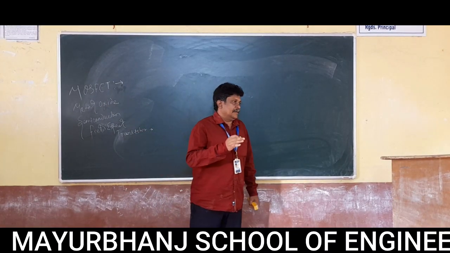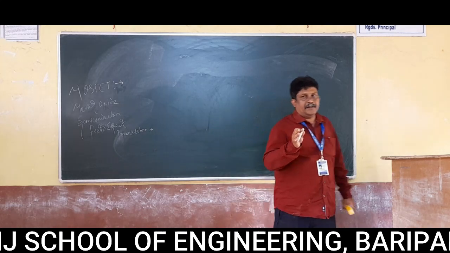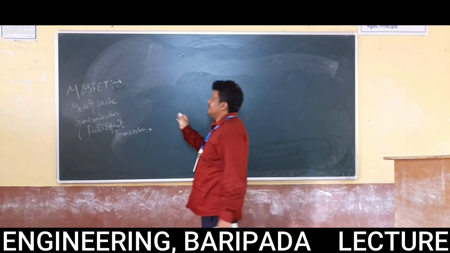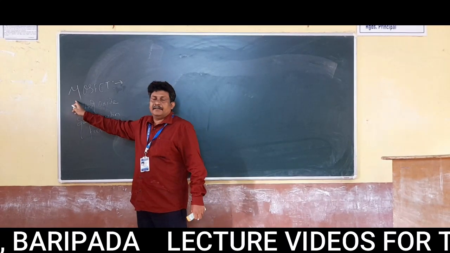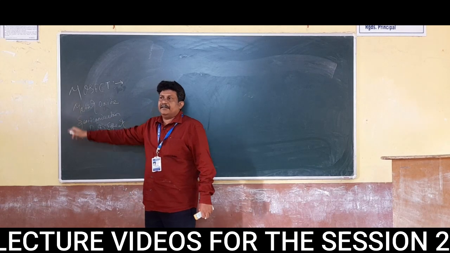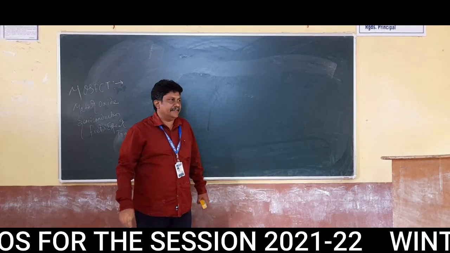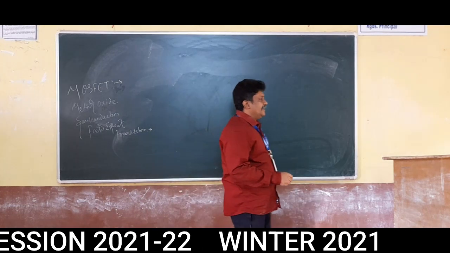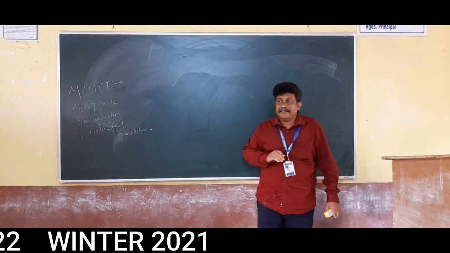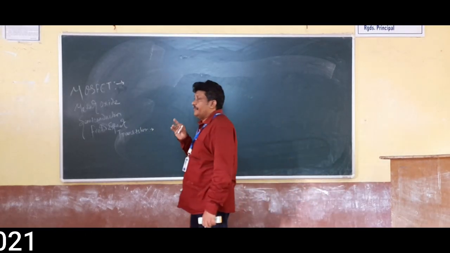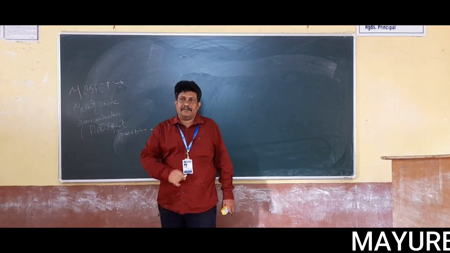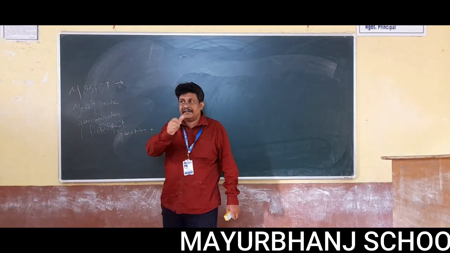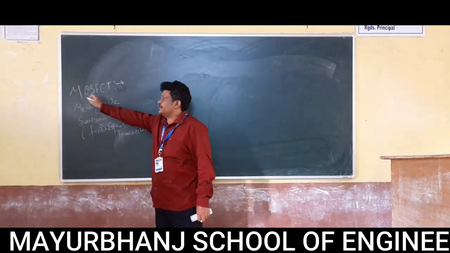Start the new topic, the new point. That is your MOSFET. Yesterday we already studied FET and JFET. What was FET? FET was field effect transistor. But what is MOSFET?